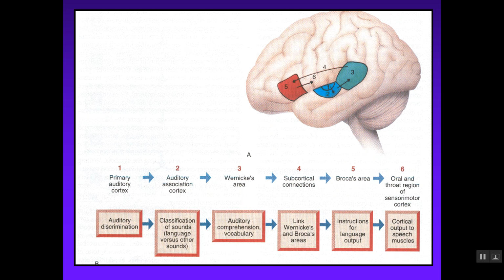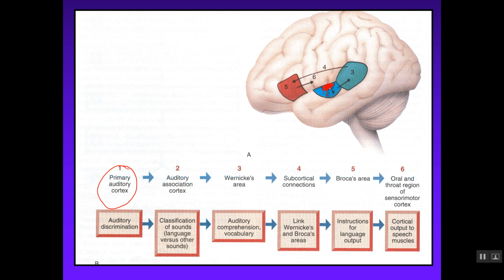So let's track through the process of communication. This is the left hemisphere, so this is going to be verbal communication we're talking about here. Somebody says something to you. It goes to the primary auditory cortex, right there on the superior temporal gyrus.